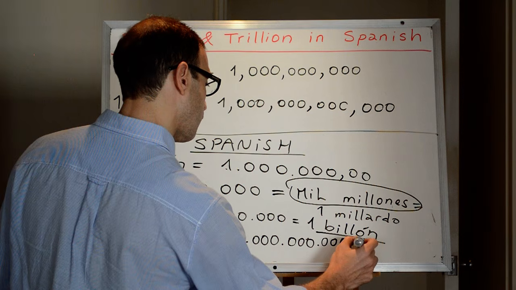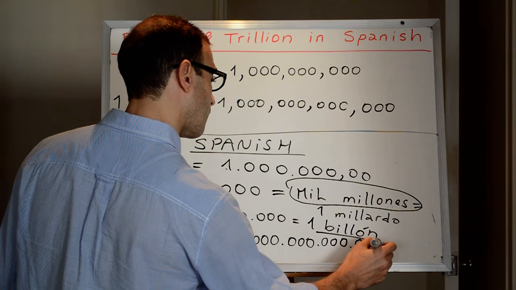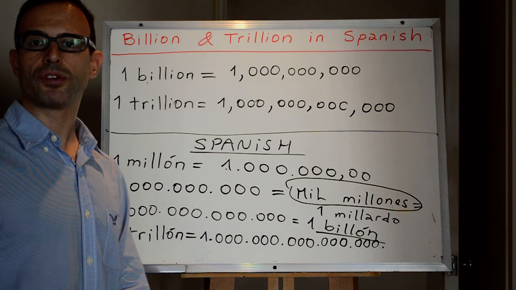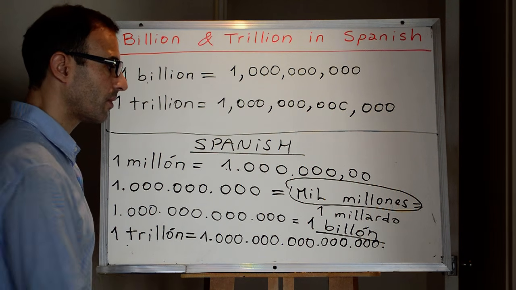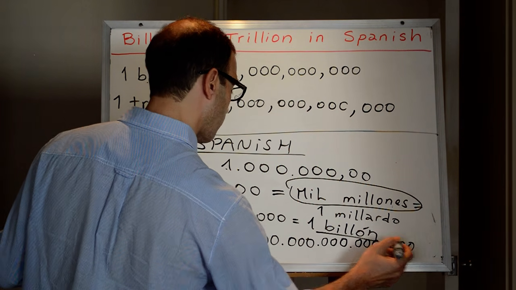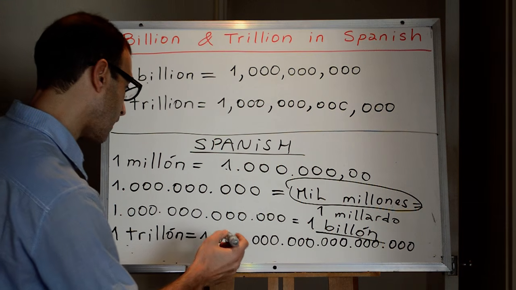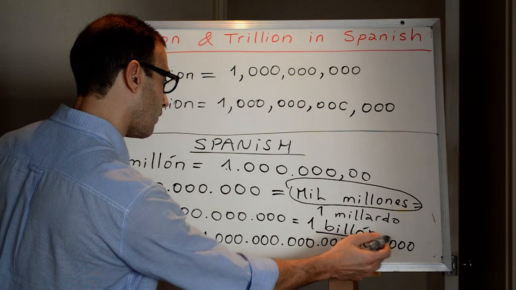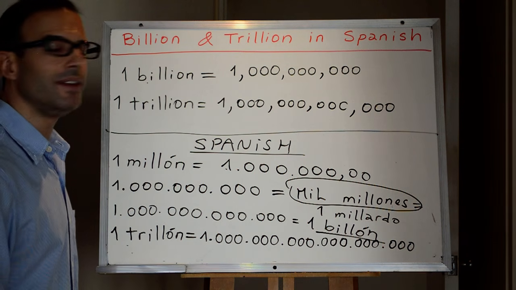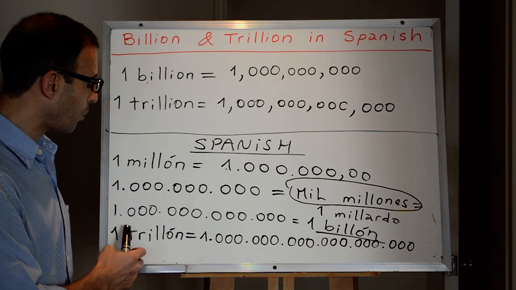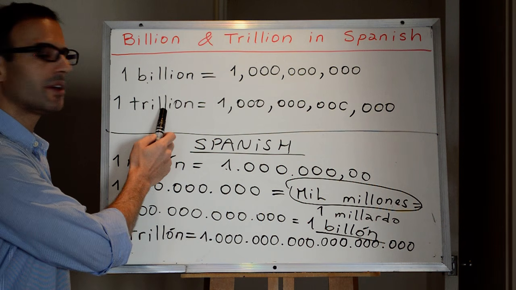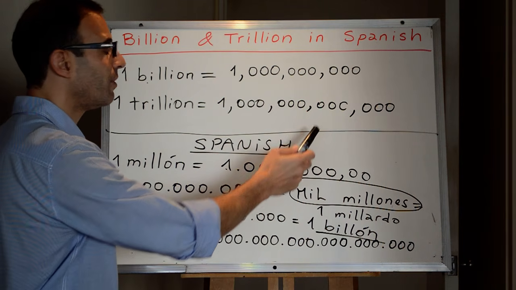Now, if I add 3 more zeros, it's just thousands of billones. So, miles de billones. So, 3 more zeros to have un trillón. So, look at this. 2, 3, 4, 5, 6. We have 18 zeros for un trillón, while in English 1 trillion has only 12 zeros.